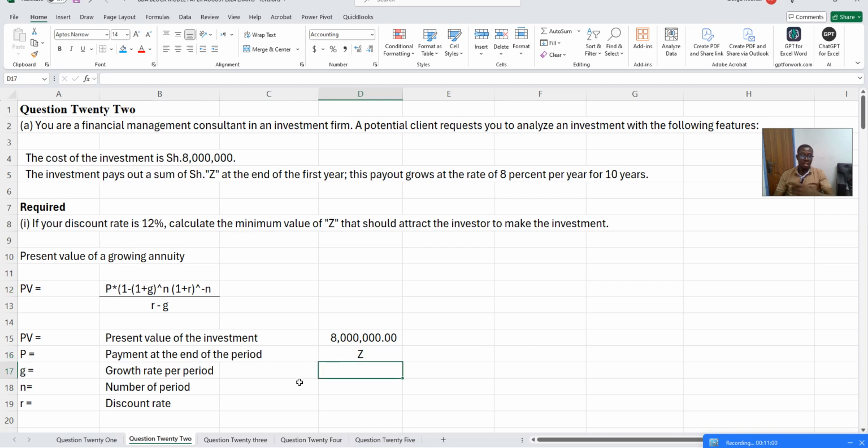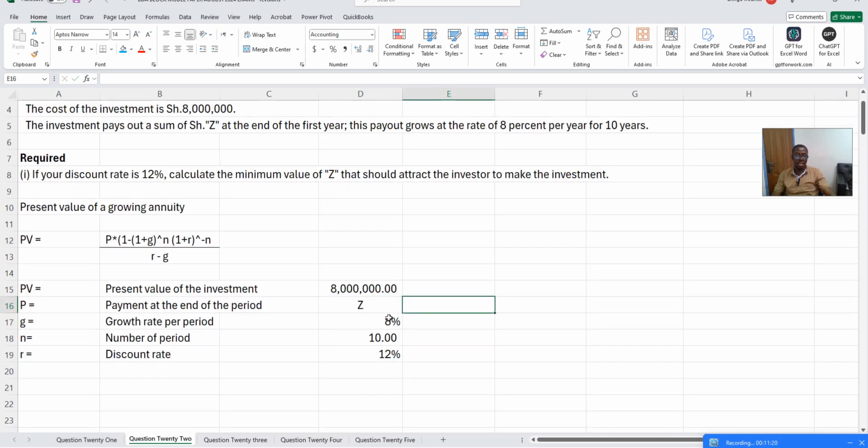The growth rate, we're given to be 8%. Number of periods, we are given 10. Discount rate, you're given at 12%. So these are what a good examiner has given us in this context.